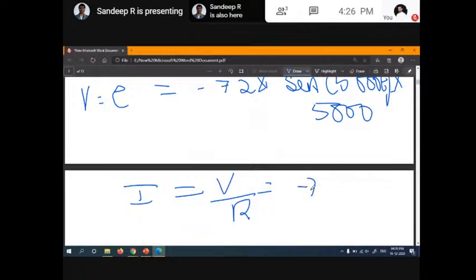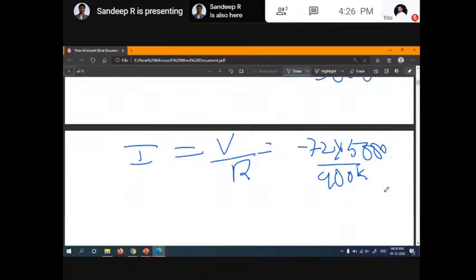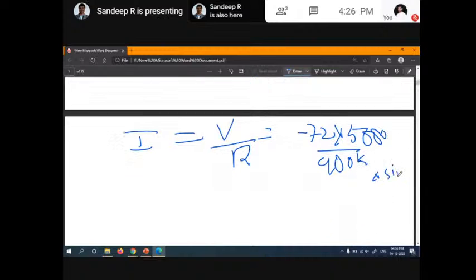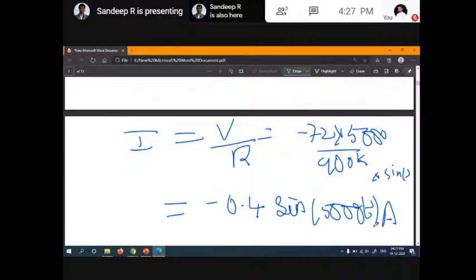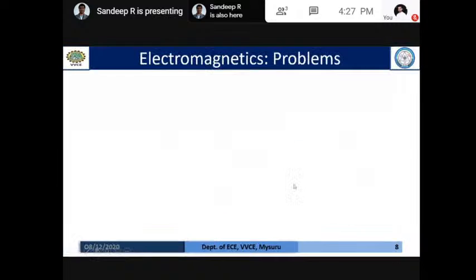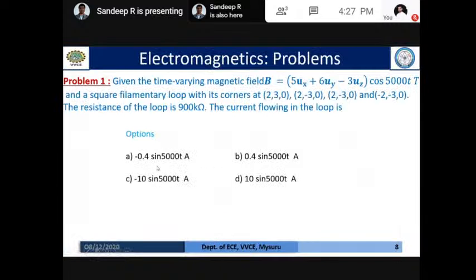So 72 into 5000 divided by 900 kilo ohms, into sine, the answer will be minus 0.4 sine of 5000t amps. This is how you can calculate current. So the first option is the correct one, minus 0.4 sine of 5000t amps. This is the expression for current.